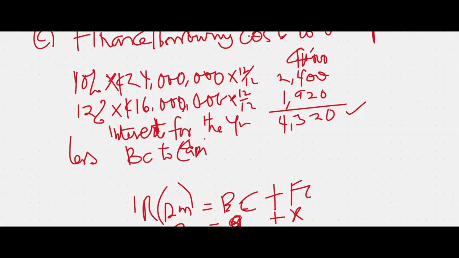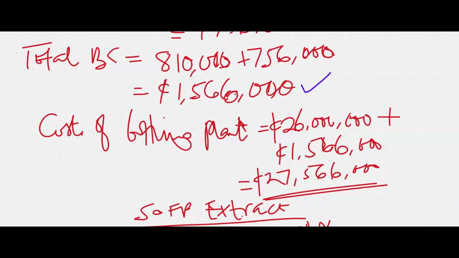What's the borrowing cost to capitalize? Let's go up. What borrowing costs do we have? 1,566,000 is the borrowing cost to capitalize. We come down and less it from what is below.